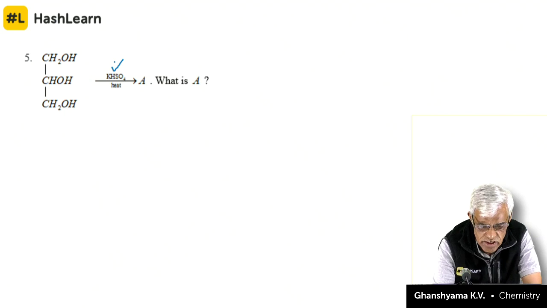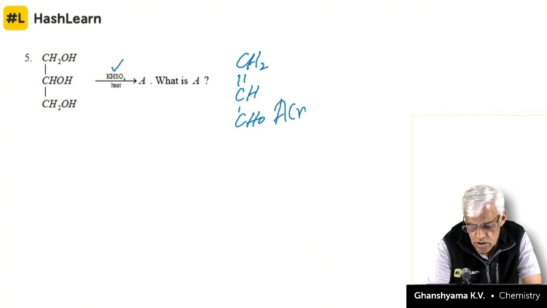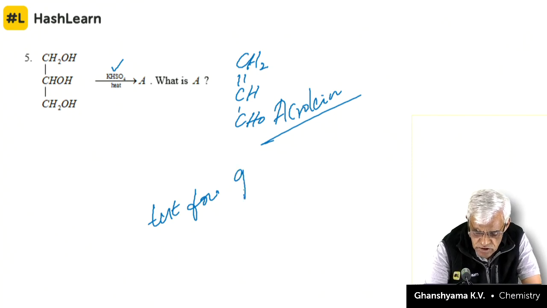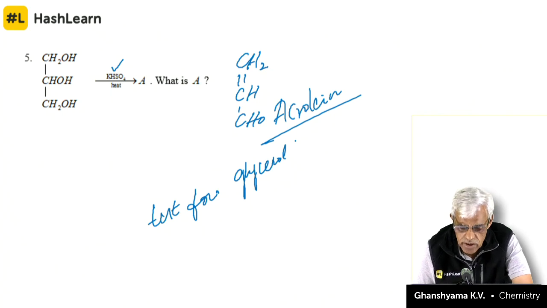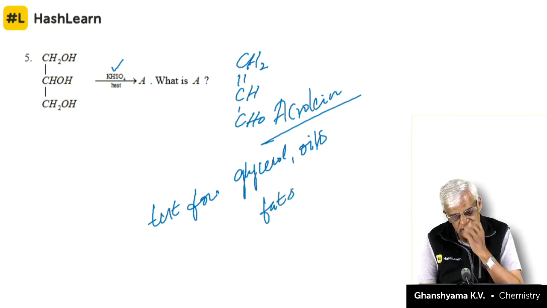This is another important reaction. KHSO4, dehydrogenation and dehydration both will take place, forming CH2=CH-CHO. This is called acrolein. This is a test for glycerol, oils and fats.